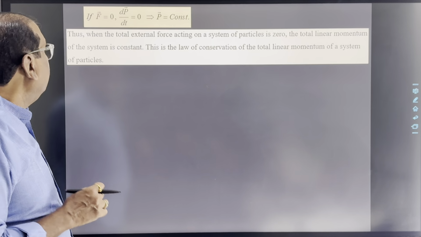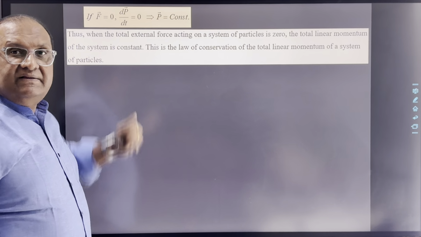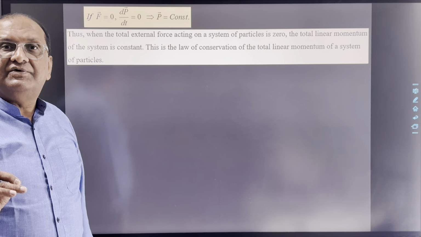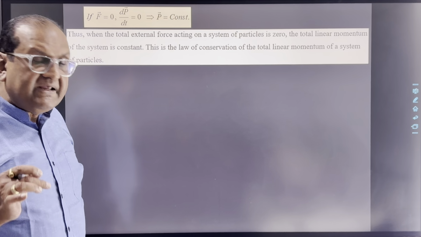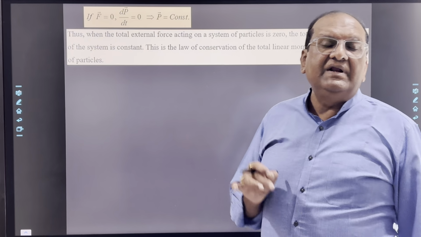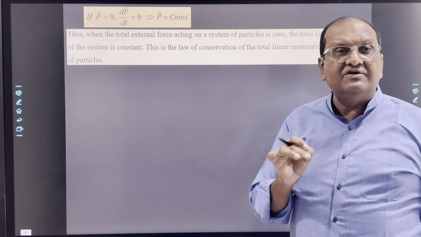But here this total linear momentum is the vector summation of the linear momenta of individual constituent particles. So we can say the vector summation of the linear momenta of individual constituent particles remains constant.